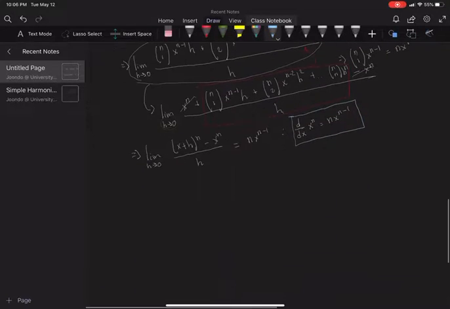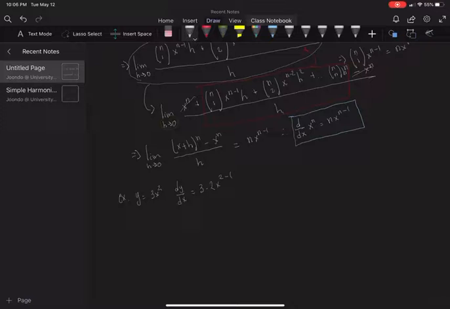So an example of this is, suppose we have y equals 3x squared, right? dy/dx is going to be 3 times 2 x^(2-1).